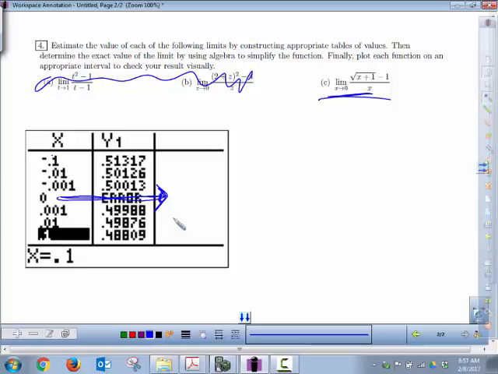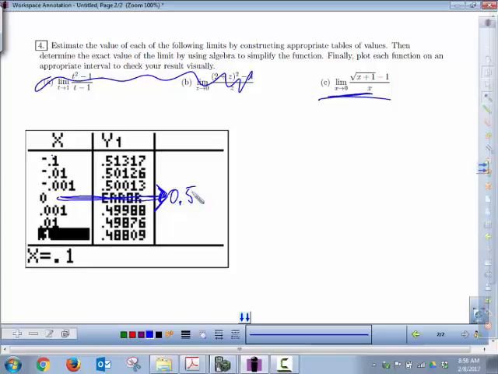Any ideas? 0.5, right? A little bit up here, it's 0.5001, so it's a little bit bigger than 0.5. Down here is 0.49998 or 9988. It's a little bit less than that, so it looks like 0.5 might be the winner here.